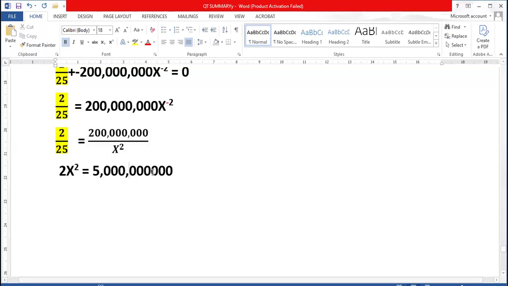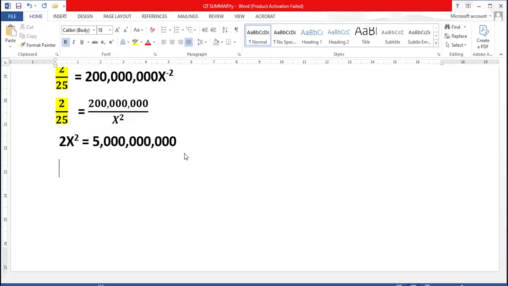I hope you have 9 zeros if you tell me 5 billion. So this will be x squared is equal to, now you divide everything by 2. What do you get? 2.5 billion.